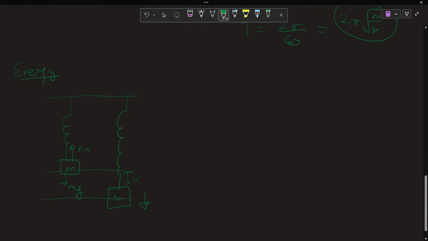Like during the motion, we have velocity here, and what will be the total energy is the question. So total energy will include kinetic energy plus potential energy. Kinetic energy of the spring, no, massless spring.